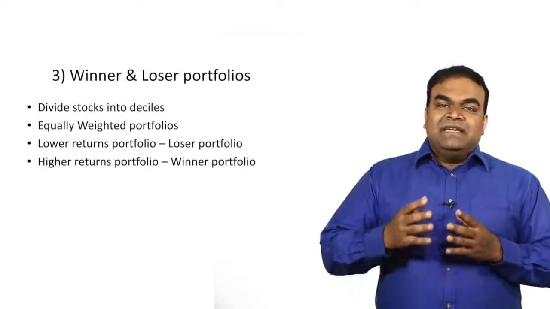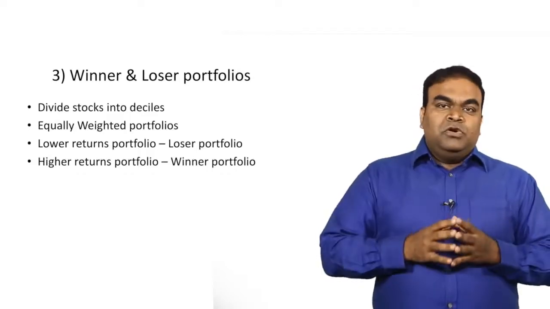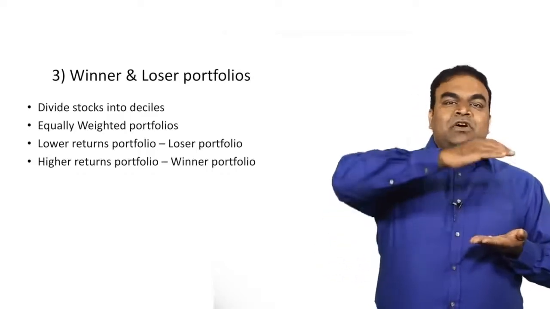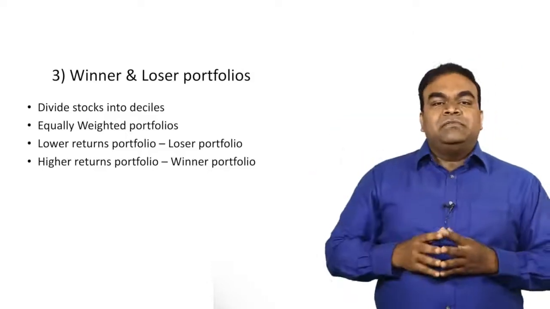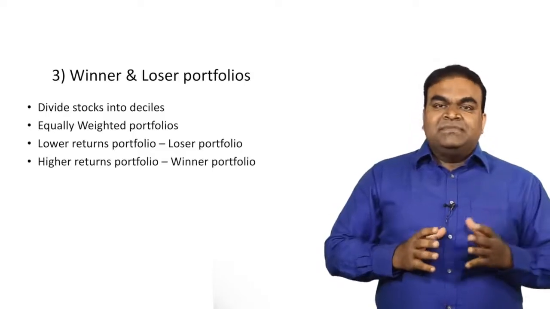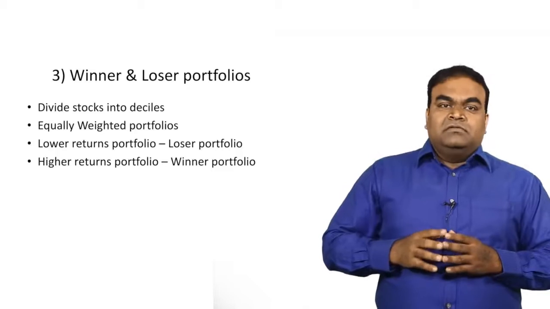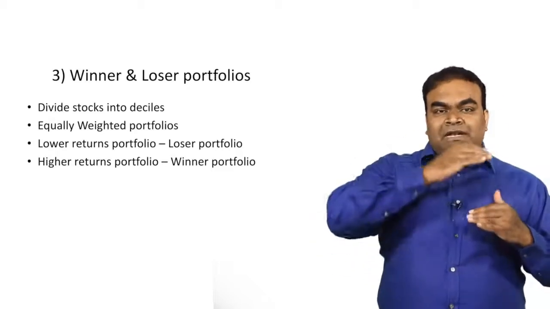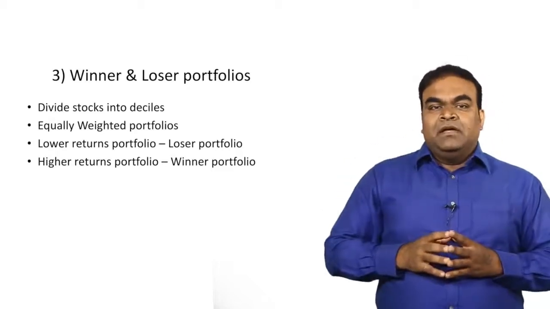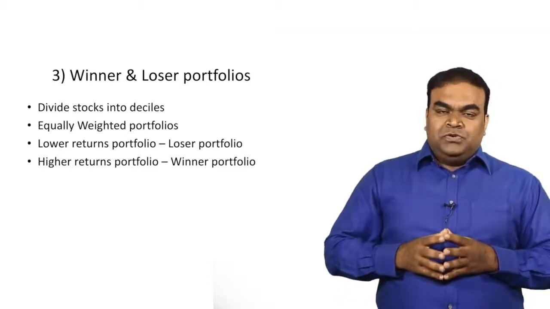The third step is creating winner and loser portfolios. So what you will do is you will rank the stocks in ascending order based on their modified intermediate term momentum. That is cumulative past 12-month returns after removing the last month returns. Now, the stocks that you have, you will divide these stocks into deciles. Based on the deciles, you create 10 equally weighted portfolios.